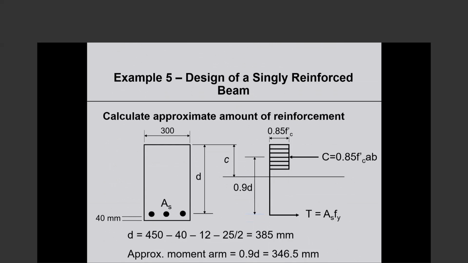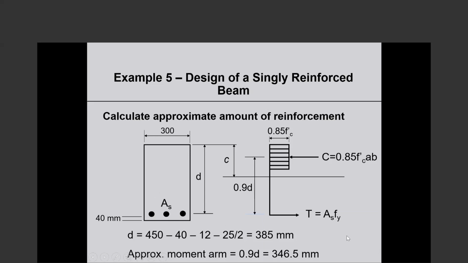Okay, so this is the picture of what we are dealing with. The beam, the stress distribution to the right. The effective depth is the total depth of 450 millimeters that was given in the problem statement, minus clear cover of 40 millimeters minus stirrup diameter 12 millimeters and half the bar diameter 25 millimeters.